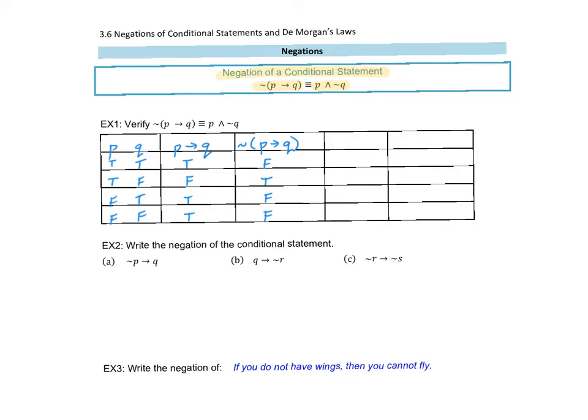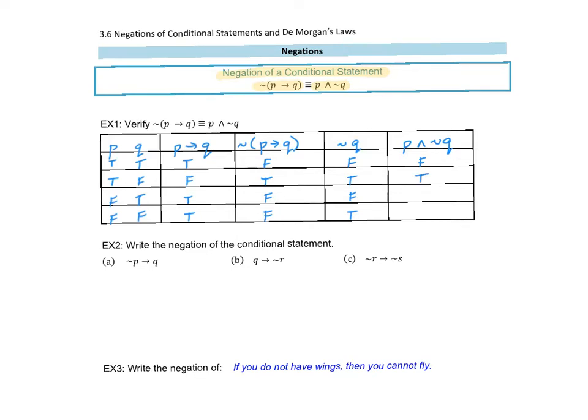Now we're going to do P and not Q. I don't have not Q, so I have to figure out not Q first. So if Q is true, false, true, false, not Q is the opposite: false, true, false, true. So P and not Q. P is true, not Q is false. So true, false is false in an and. True, true is true.